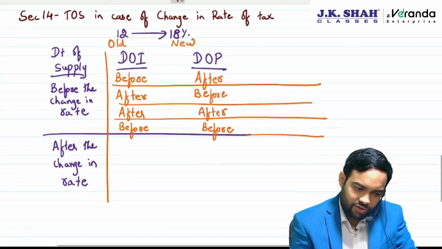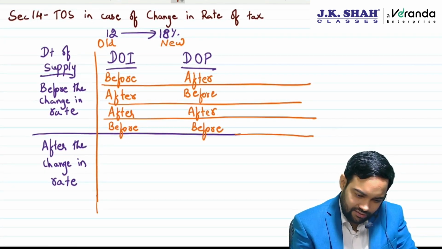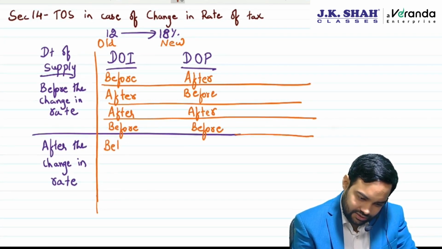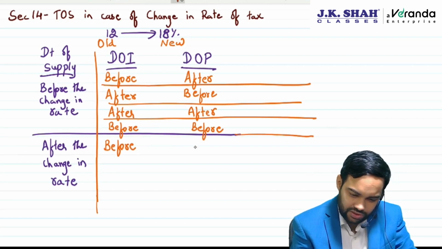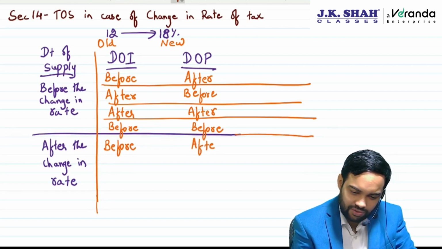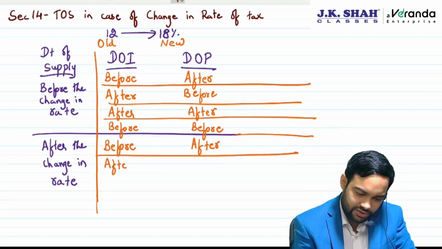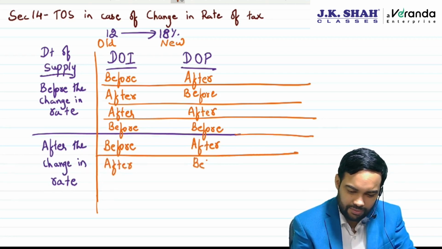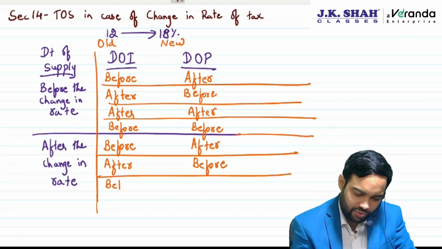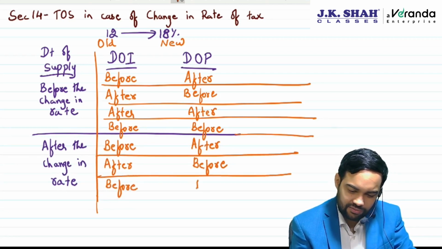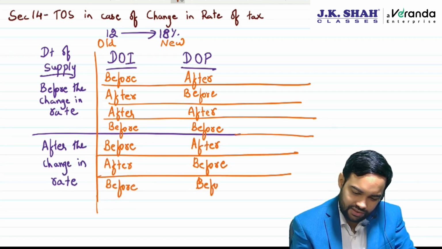And the same four scenarios can be there even in the second part. This is before: invoice was issued before the change, while payment was received after the change. Invoice was issued after the change, while payment was received before the change. Both were before the change, and last one, both were after the change.